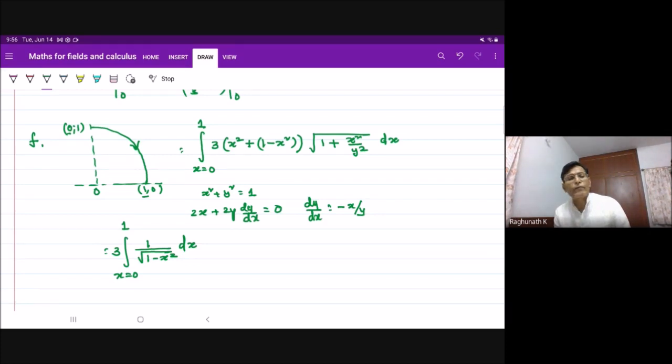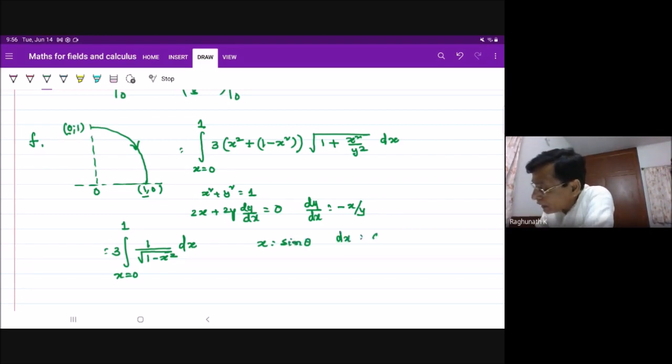Yes, sir. I'll just show because there was a gap. Put x is equal to sin theta. Dx is equal to cos theta d theta. Dx by d theta is cos theta. So dx is equal to cos theta d theta. Root of 1 minus x squared is equal to root of 1 minus sin squared theta is equal to cos theta.